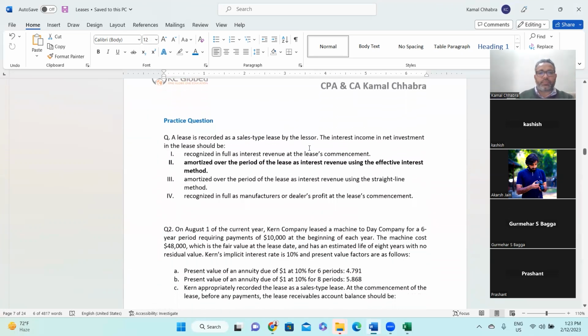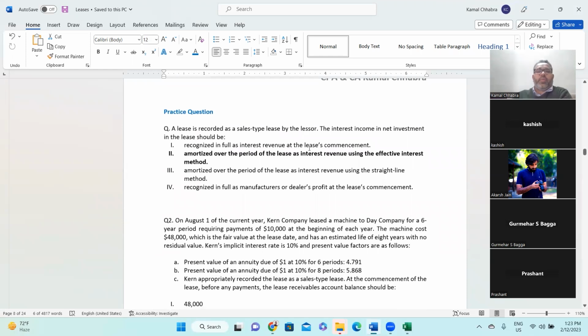Very good point. Okay, so let's do two quick questions. First one is, a lease is recorded as a sales type lease by the lessor. The interest income in net investment in the lease should be, first, recognized in full as interest revenue at the lease commencement.